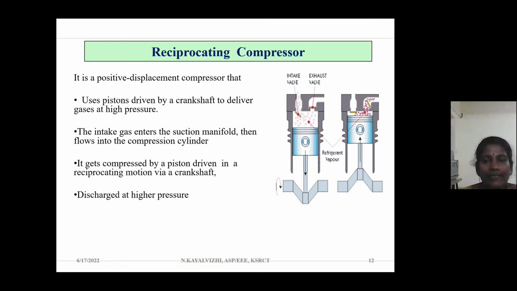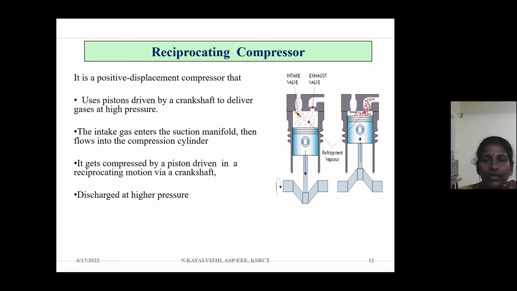So the first figure shows the air being taken in. The intake valve is open and the exhaust valve is closed. Whenever the piston moves downwards, it takes atmospheric air from the intake valve, and once the intake valve is closed, the piston moves in an upward direction.